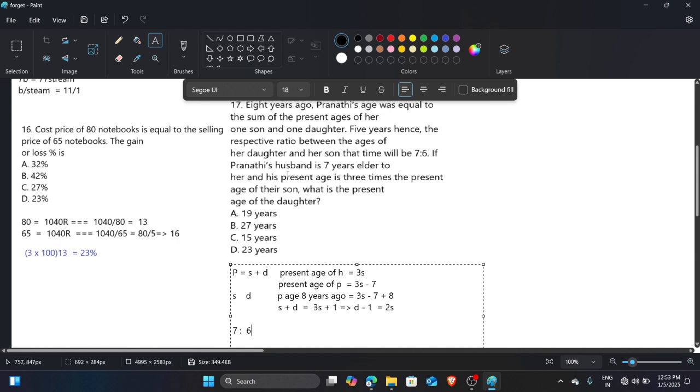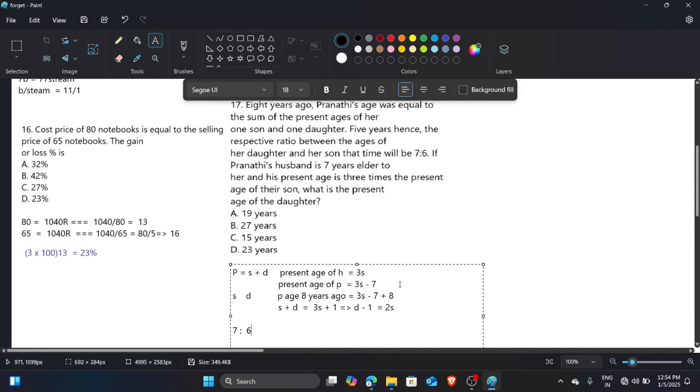If Pranathi's husband is 7 years elder to her and his present age is three times the present age of their son, the present age we consider s, so 3s. But Pranathi is 7 years younger than him, so we subtract 7, it means the present age is this.